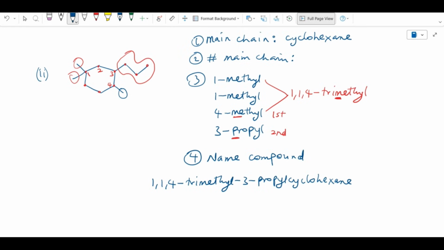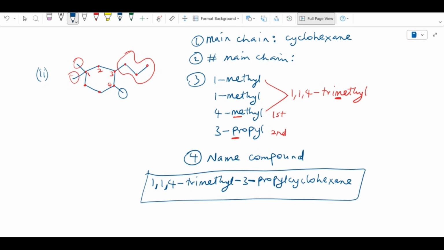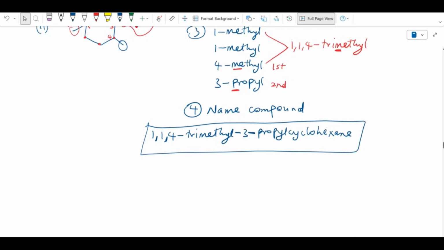Again, between letter and number, you use a dash or hyphen. And between 2 numbers, you use a comma. All right, so that would be the name of the compound. Next question.